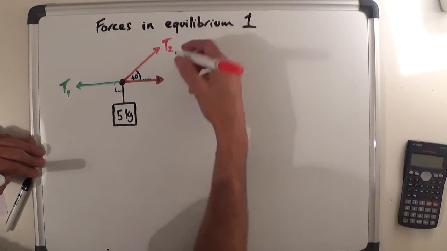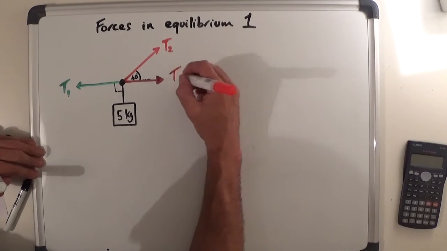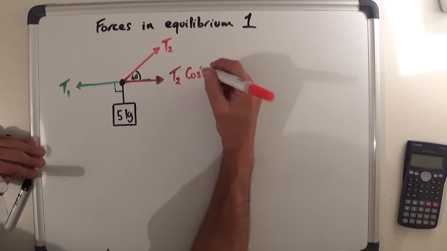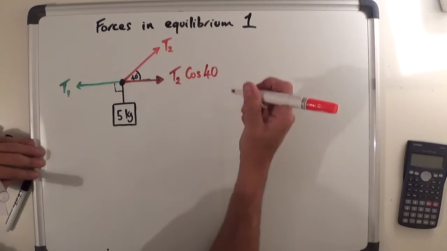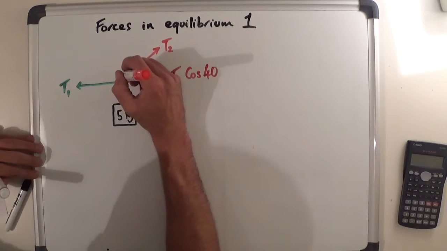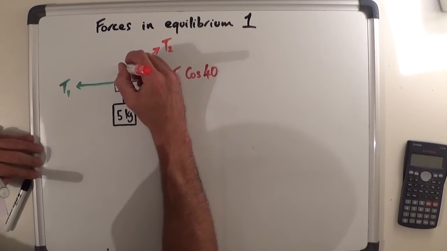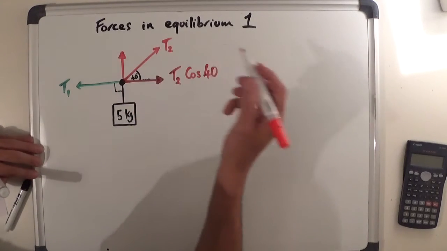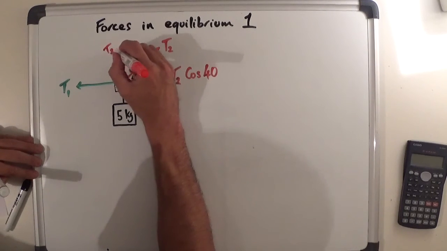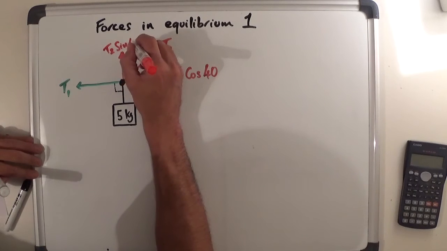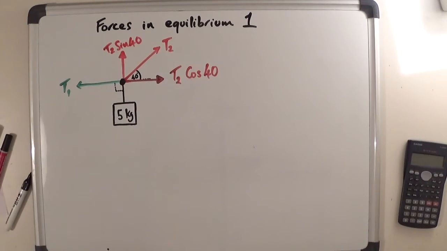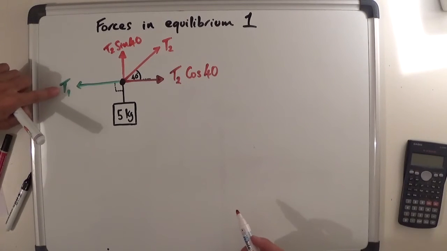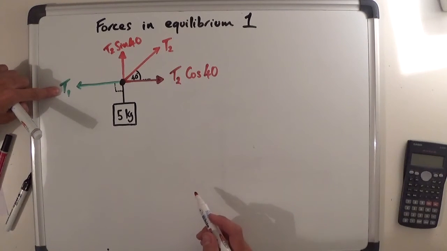This is going to be T2 times cos 40. Then of course it's going to have a vertical component, which is going to be T2 sine 40.